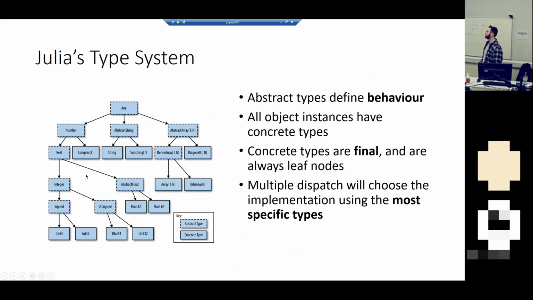This is useful because you can define your methods with these abstract types and say this should work with these abstract types. And then you can extend the behavior. So you can create a new concrete type and pass it in. And if it implements the same interface and behaves like this abstract type, you should be able to use it there. So the example in the CUDA package is it implements the abstract array interface.